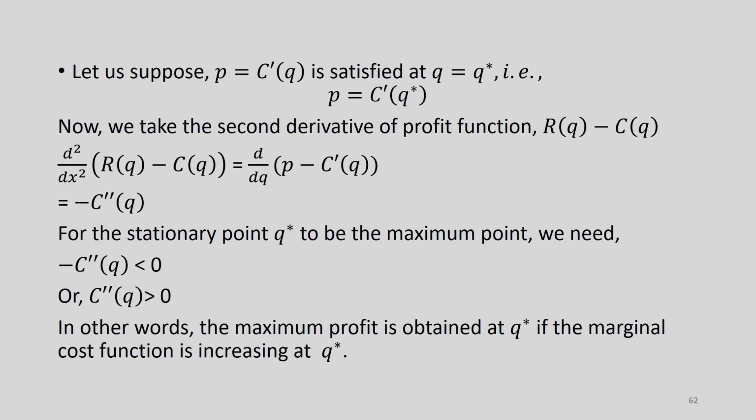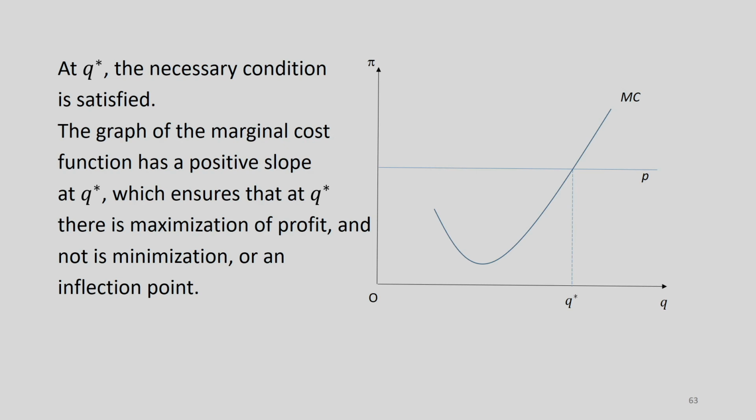And the sufficient condition is that at that very point the marginal cost should be rising, the cost function should be convex. So, the marginal cost function is increasing at q star. This is the second order condition, and p is equal to c dash q star is the necessary condition.